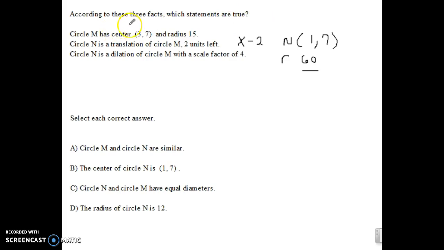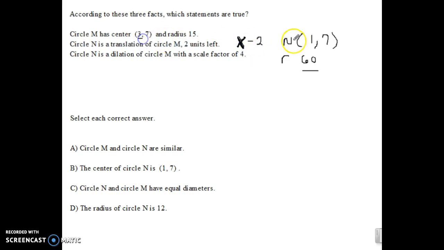The next one says, according to these 3 facts, which statements are true? Circle M has a center 3, 7, and a radius of 15. Circle N is a translation of circle M. Okay, so circle N is the translation. That's our new image, 2 units to the left. So remember, 2 units to the left is going to be x minus 2.